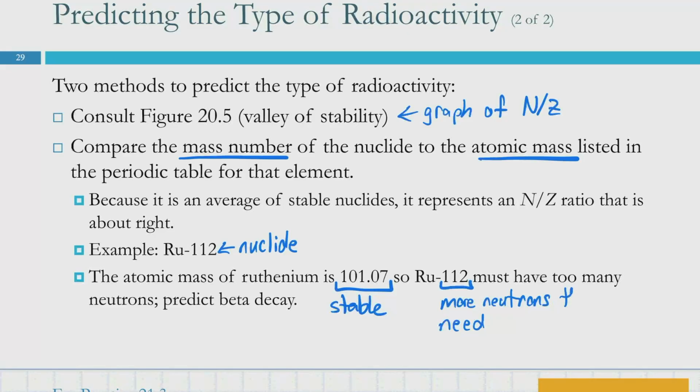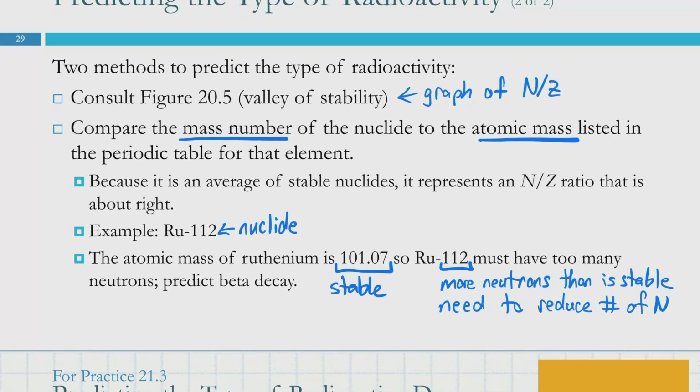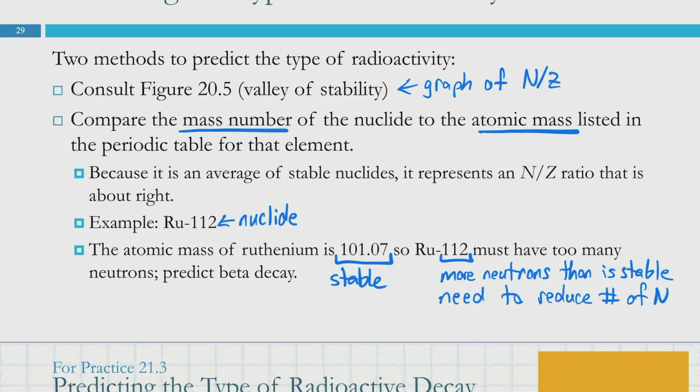So more neutrons than is stable, we need to reduce the number of neutrons, since that number is bigger. If the number was lower, then we would have too few neutrons. That would be the other side of the thing.